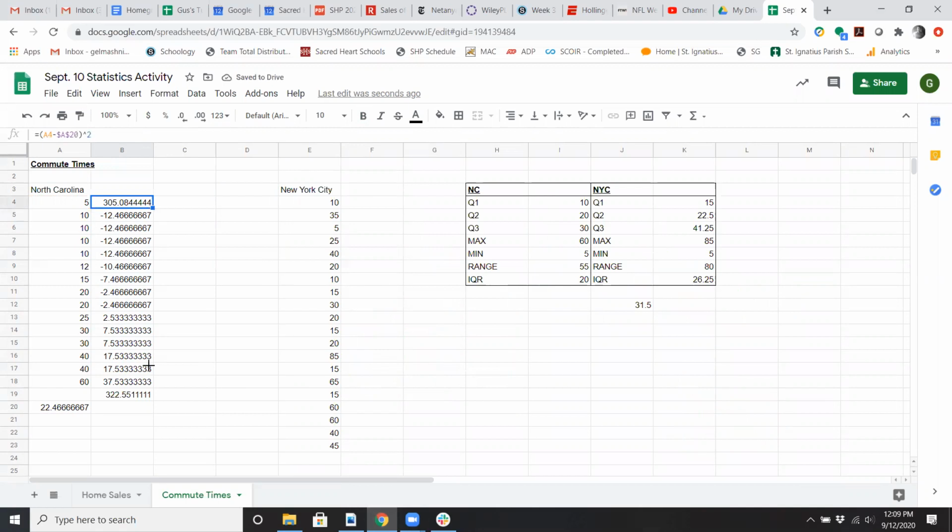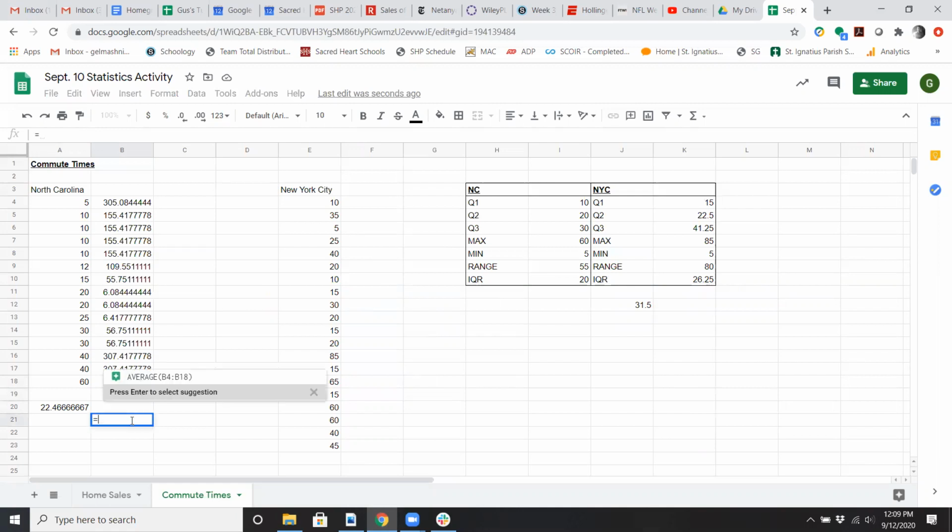And then do this. And then I see I have 15 data points. So if I do equals B19 divide by 15, and I want to square root that, so I put a SQRT. That gives me the standard deviation.